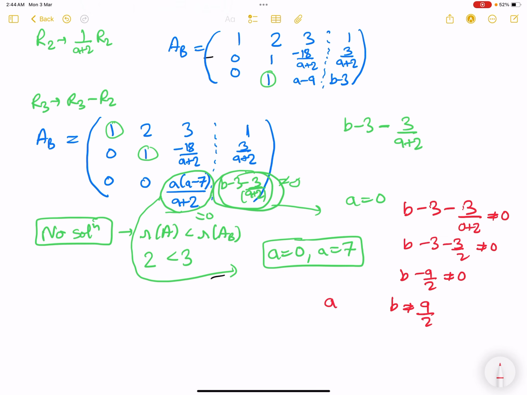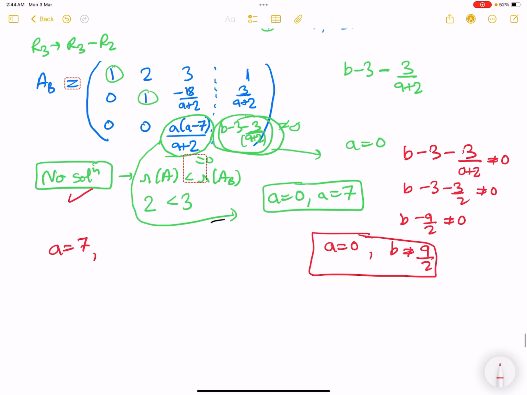So if a is 0 and if b is not equal to 9 by 2, then we have a case of no solution. Similarly, when a equals 7, then b minus 3 upon 7 plus 2 should not be 0. So b minus 3 by 9.